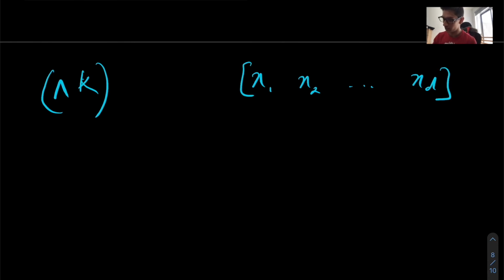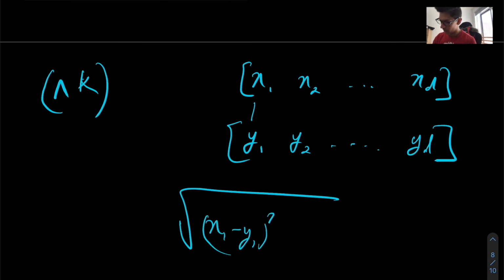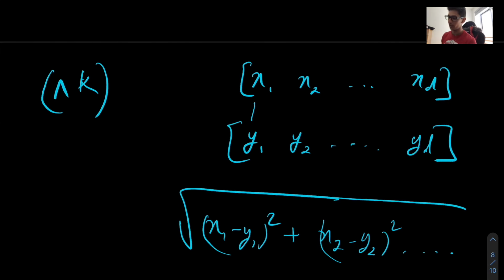Our centers will be represented again in d dimensions, say y1 all the way up to yd. If we're using something like Euclidean distance, that will be a total of (x1 minus y1) whole square plus (x2 minus y2) whole square, etc. So that'll be another d operations, so to say. So your total runtime becomes O of nkd.